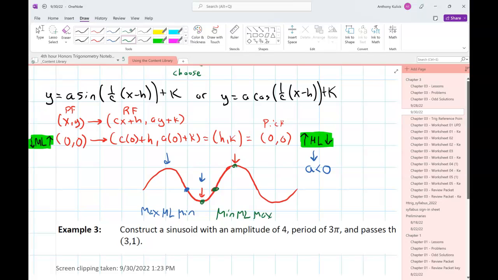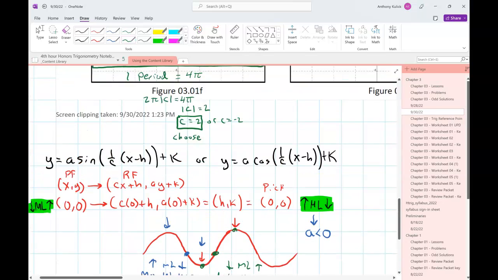Those are two different kinds of midline points. So the way I'm going to notate this is with an up arrow for a max and a down arrow for a min. Is that okay? That's all that notation is trying to signify, to indicate to myself that I'm using two different kinds of midline points, which is fine. I can map a midline point to a midline point, no problem. But I have to be careful about the kind of midline point I'm using.